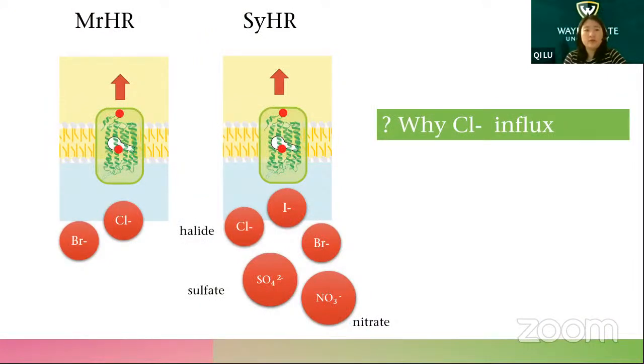So for MrHR or SyHR, it induces influx of chloride or other halide ions like bromide, iodide, and sulfate. In the next slides, I'm going to call this MrHR, and we can see that MrHR will pump some halide ions into the intracellular part.